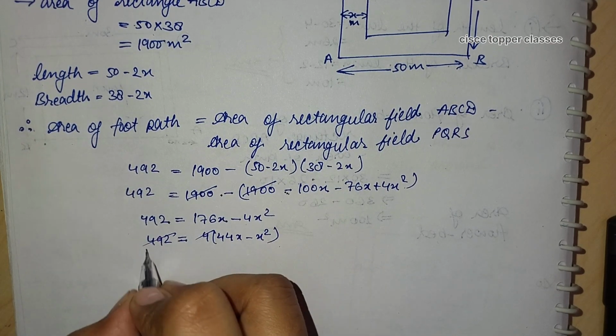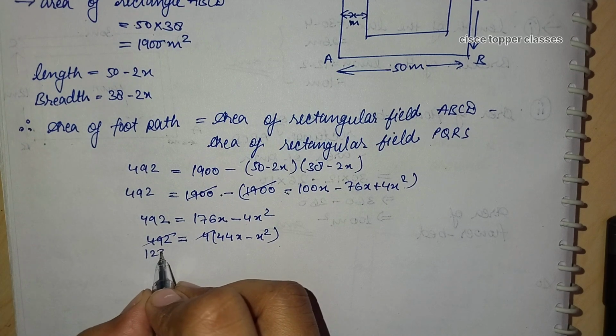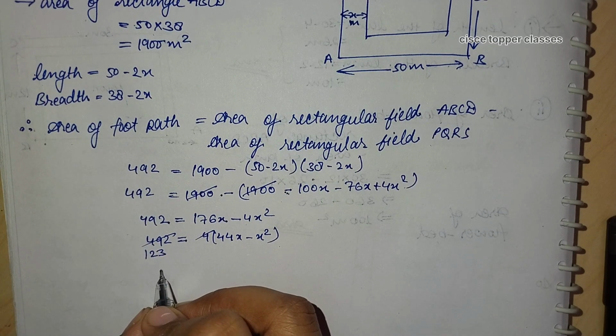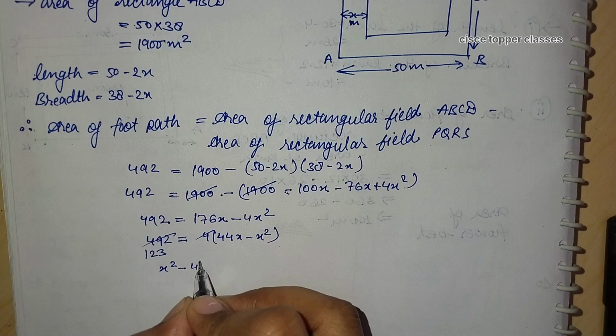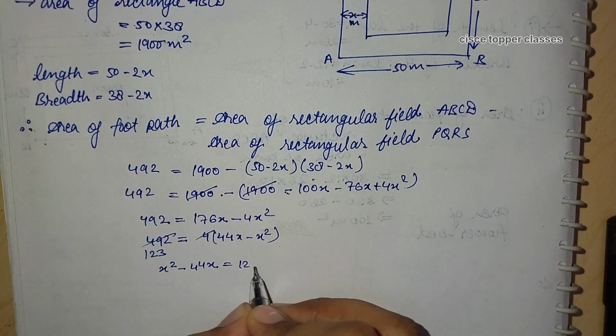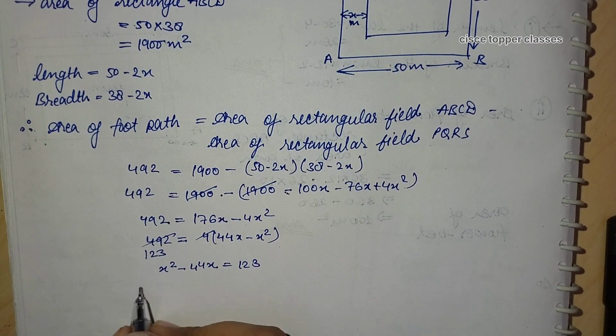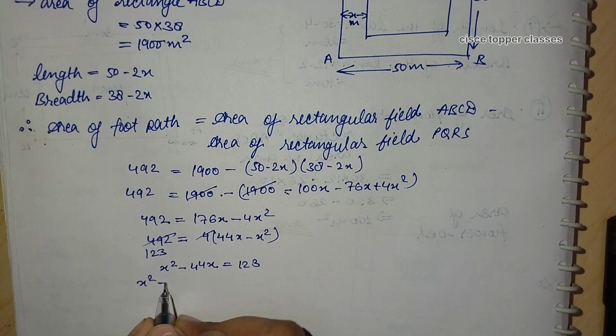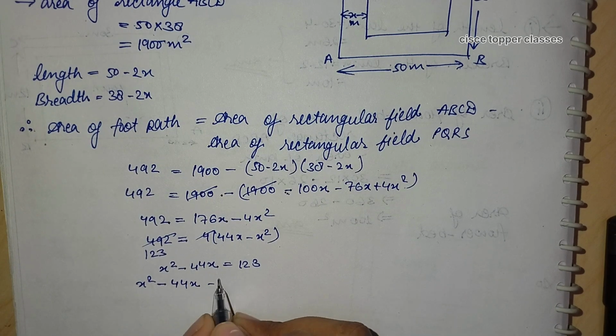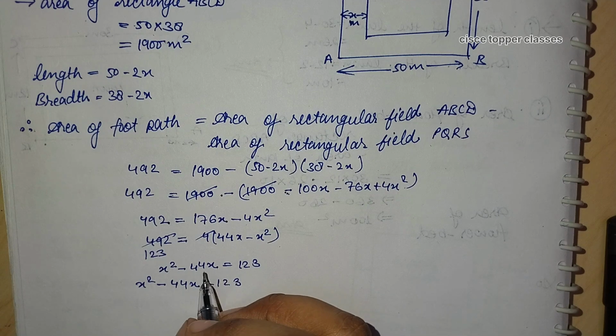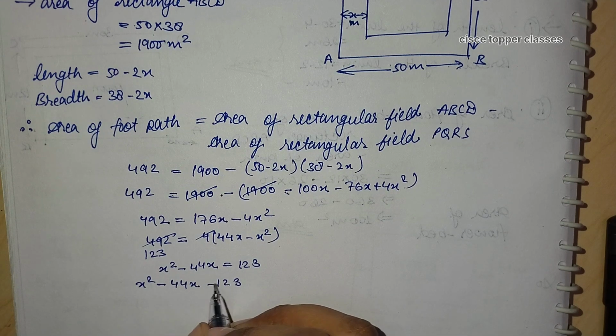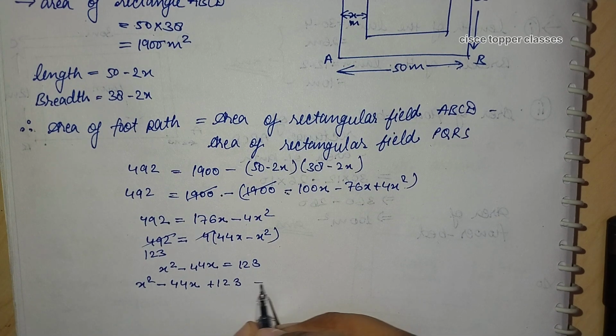We will cancel out this part. On cancelling, we will get 123, means x square minus 44x is equal to minus 123. So we can write x square minus 44x plus 123 equal to 0.